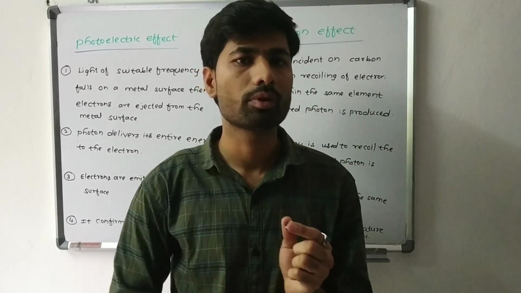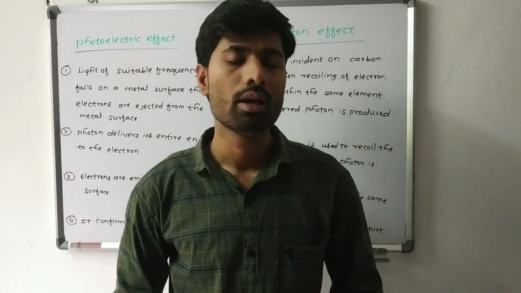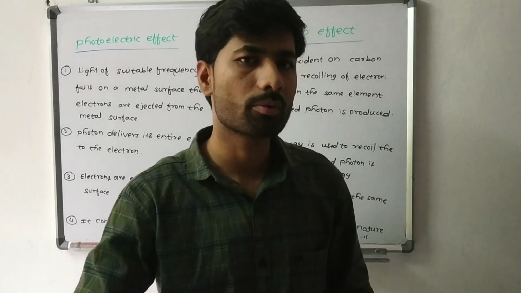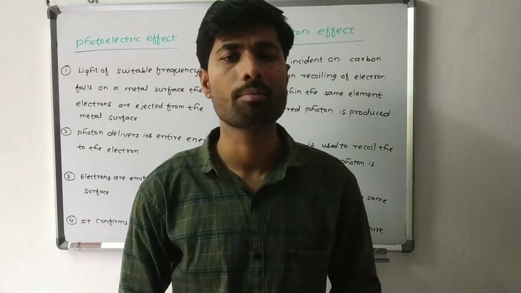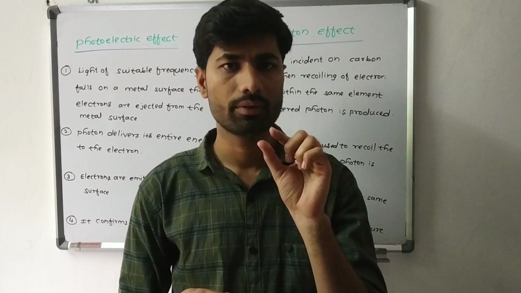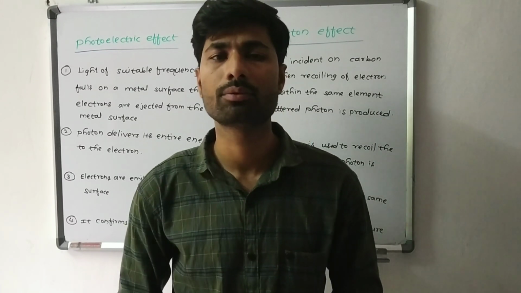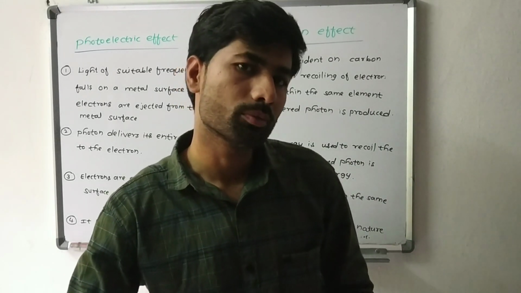But here we are not providing a very small amount of energy, we are providing a very large amount of energy. So due to that fact, the electron is not going to come out of the surface of the element, but it is going to recoil within the same element. That means the scattered photon will have more wavelength, but the energy of the scattered photon is going to be less. So that exactly happens in case of Compton effect.